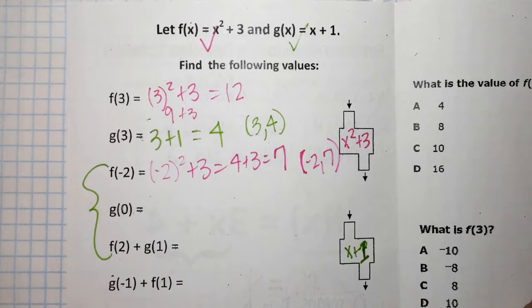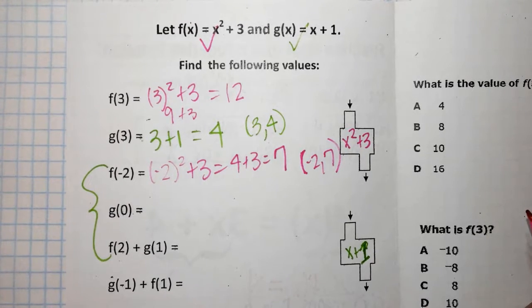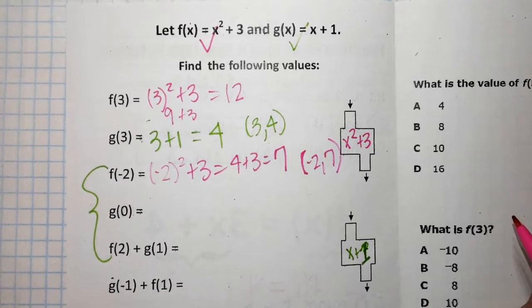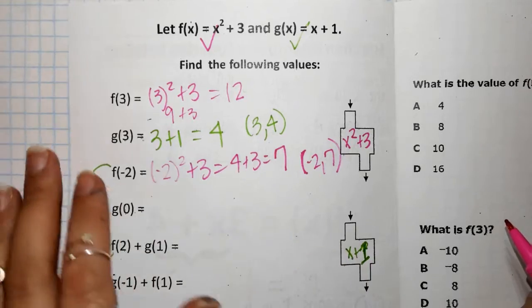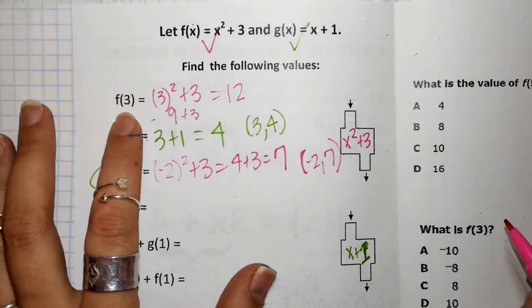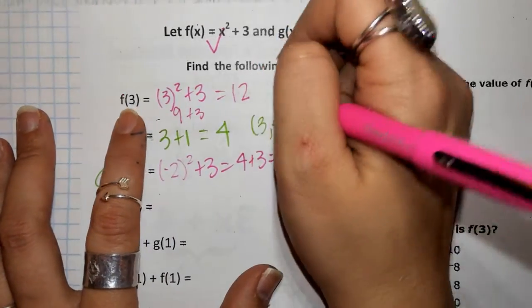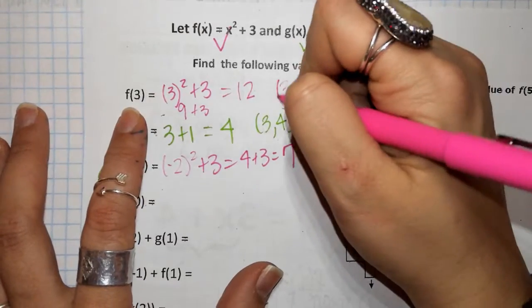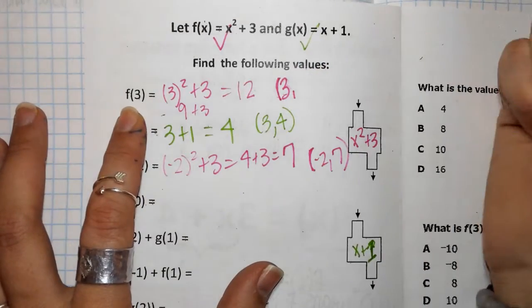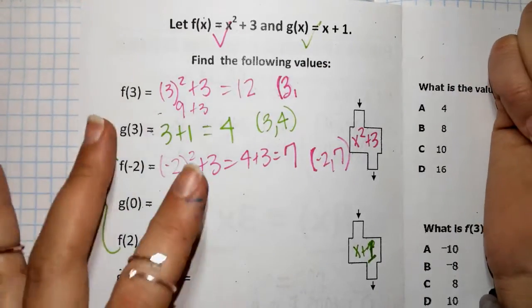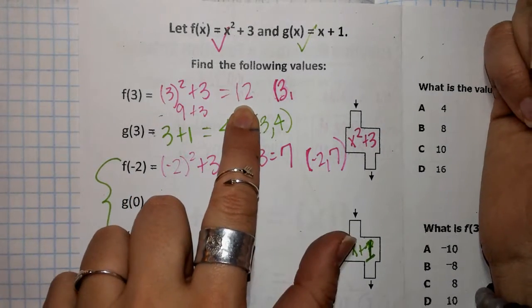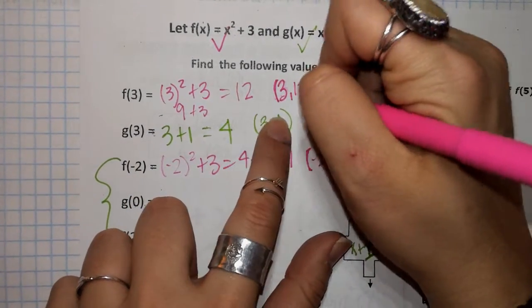What's your x value? What did we plug in? What's our x value? 3, okay? So that's what you write first. You always write what you plug in first, because the input is your x. All right, what did we get for our y value? Awesome. That's all you have to do.